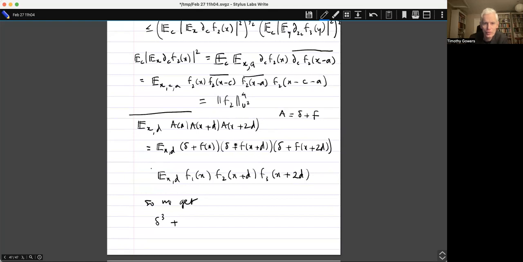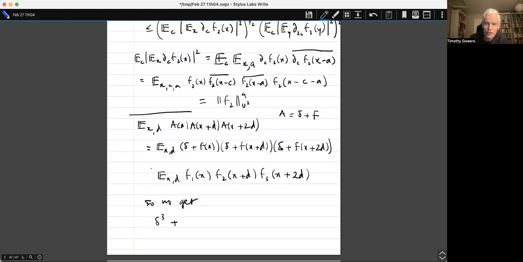Supposing I choose delta from this one, delta from this one, and just the f from this one, then I'm averaging over all f of x plus 2d, but the average of f is 0. So I'll get 0 if I choose one f from one of the brackets and 2 deltas. What if I choose 2 f's? Well, let's think about what happens if I choose f of x and f of x plus d.